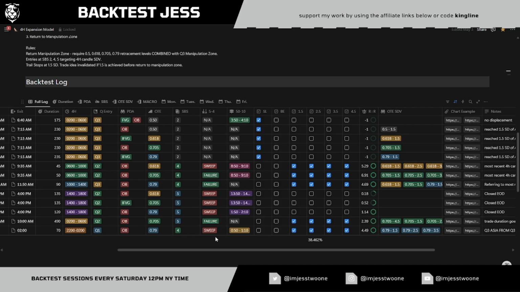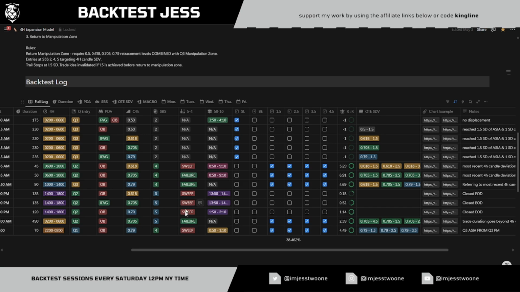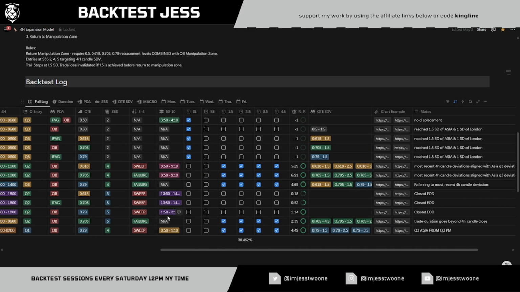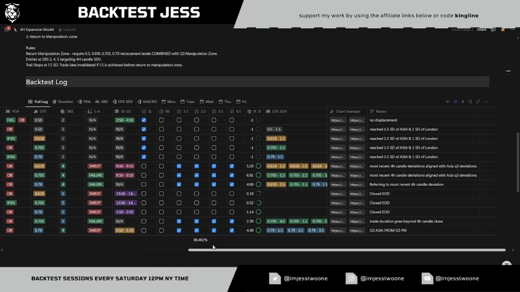And then we are also tracking whether 5 is sweeping 4, or if it's a failure swing of 4, which is why it says sweep or failure. Along with that, the entry criteria are all requirements, right? But these are just the variables that we are tracking to see if it lends more data. We are also tracking which macro we are entering in for that trade.